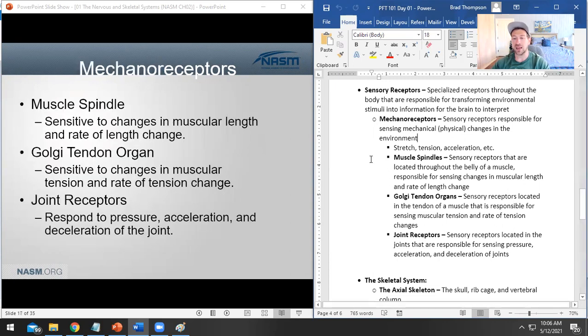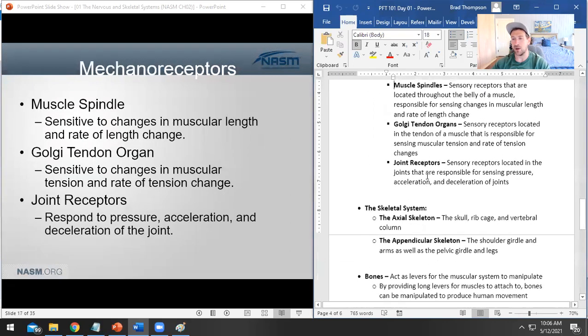So the three main types of mechanoreceptors that we're going to talk about, and this is going to be important when we get to our muscles tomorrow, are going to be muscle spindles, Golgi tendon organs, and joint receptors. Muscle spindles are sensory receptors that live in the entire length of your muscle, and their job is to sense the length of that muscle and how quickly it's changing length.